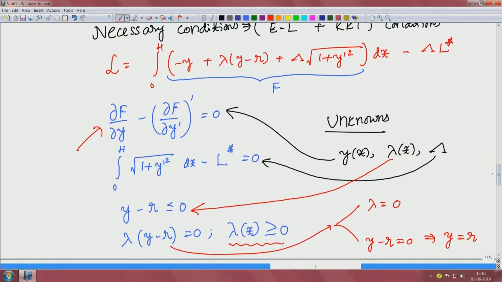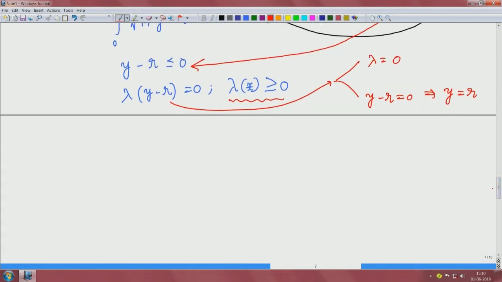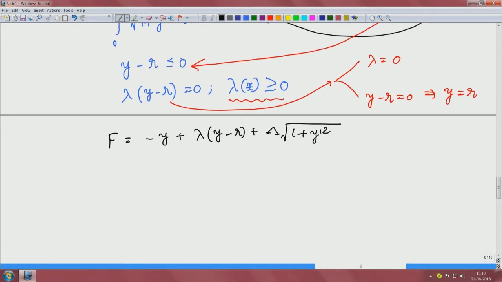Remember, our f is minus y plus lambda times y minus r plus capital lambda times square root of 1 plus y prime square. Okay. Let us finish up this problem. So, I will write f as minus y plus small lambda times y minus r plus capital lambda times square root of 1 plus y prime square.